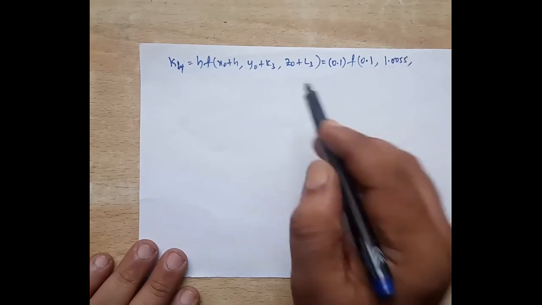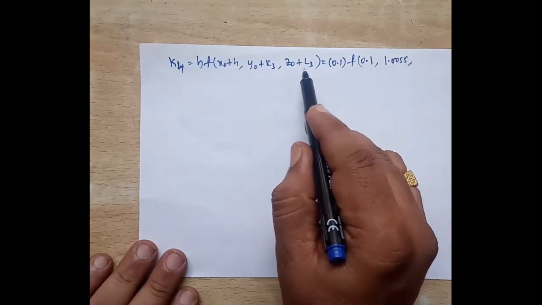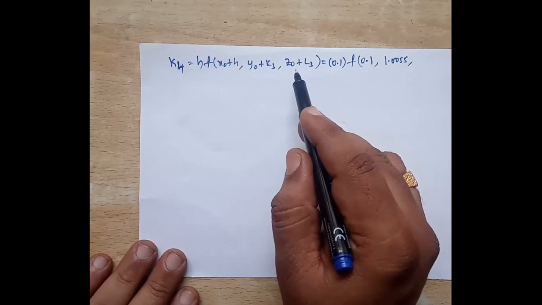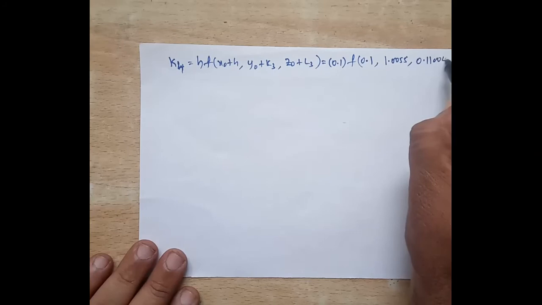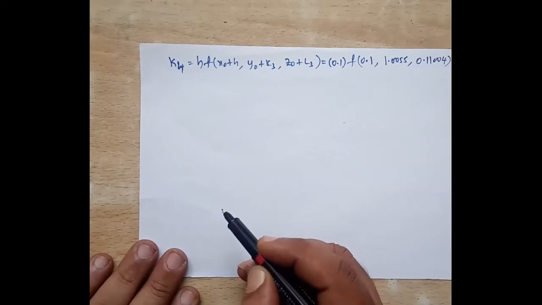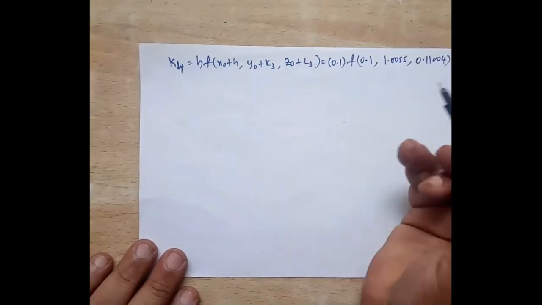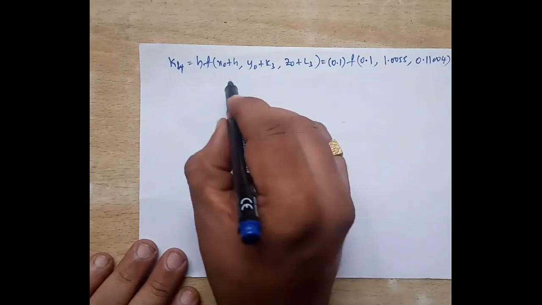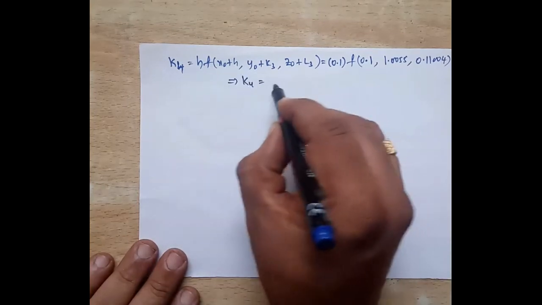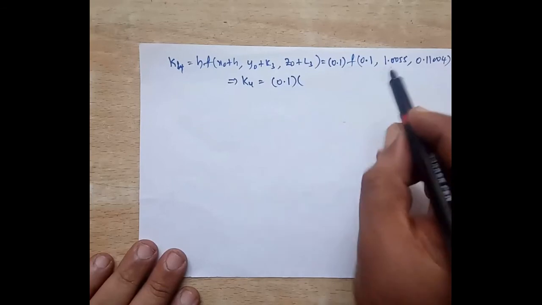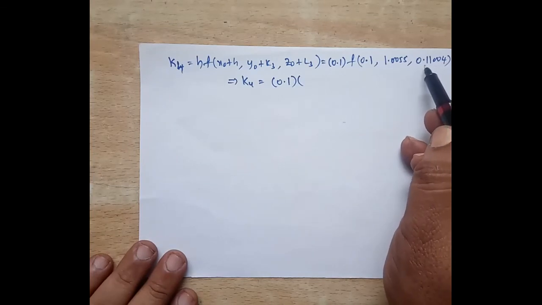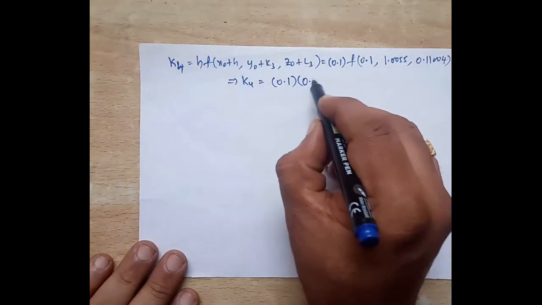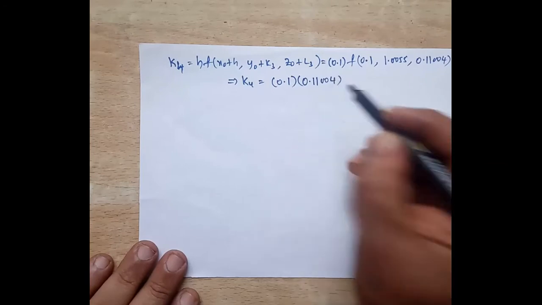1.0055. Z naught plus L3. You know, Z naught is 0. L3. In the previous step we got L3. It is 0.11004. Right? So this is the simplified expression. Now this implies K4 equals, it is 0.1 into f. You know, f is z. And what is the value of z here? It is 0.11004.